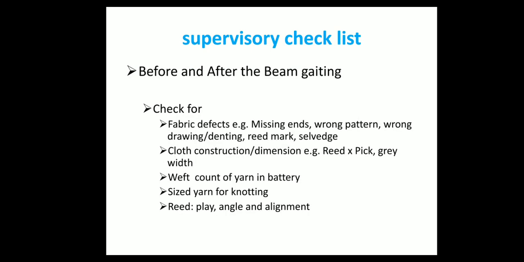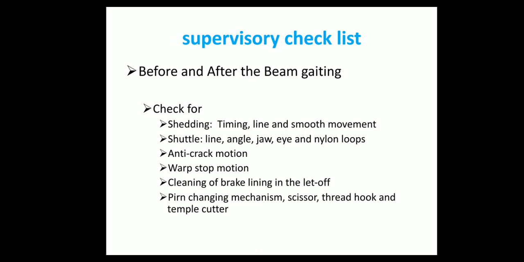Check for fabric defects like missing ends, rank pattern, wrong drawing or denting, reed mark, selvage. Cloth construction dimension, for example reed and pick. Weft count of yarn in battery, sized yarn for knotting, reed, play, angle and alignment.